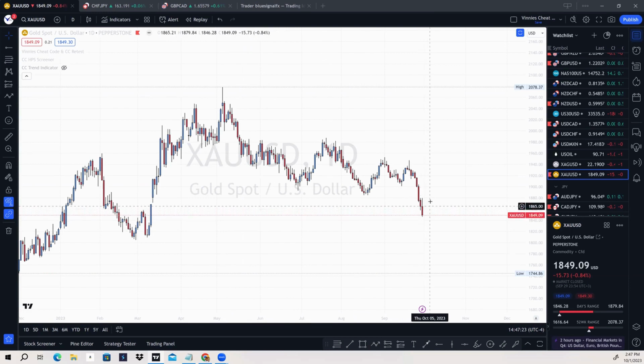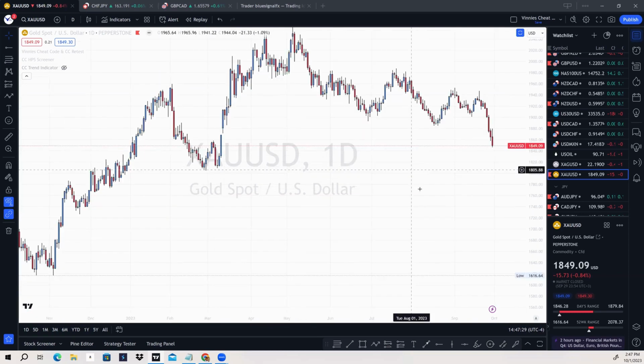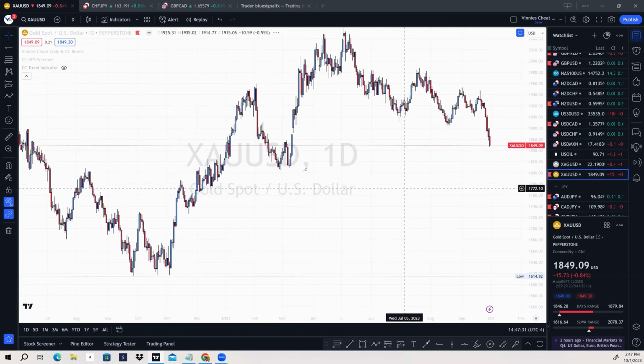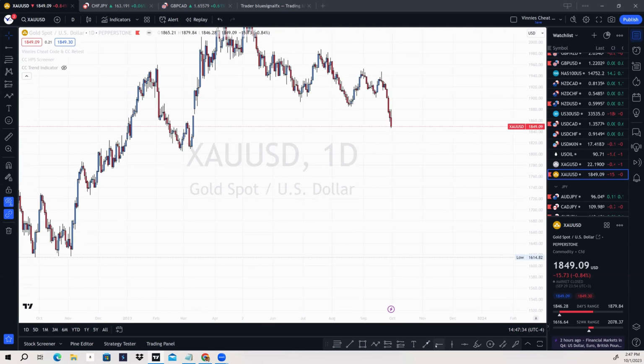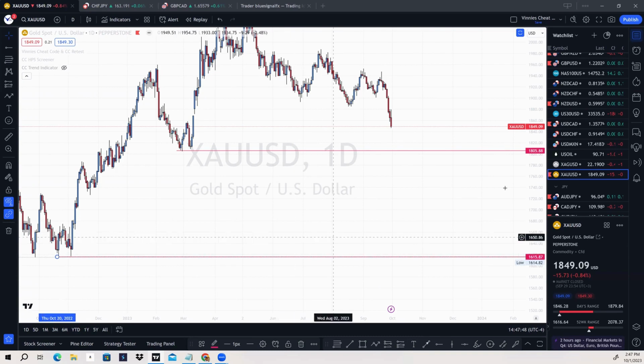So again, we're going to look for a pullback, for gold to pull back, and then create a lower low. Okay. Our target area is going to be these lows here. Okay. If price happens to break this area here, then our next target area is going to be down at this level here at 16.15. Okay.